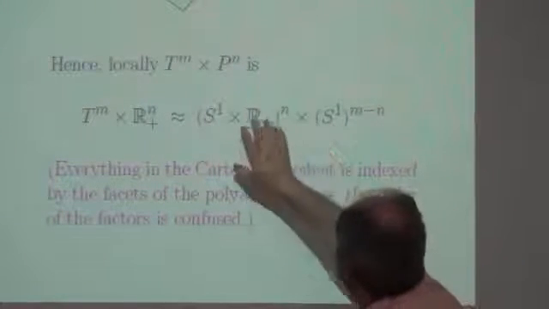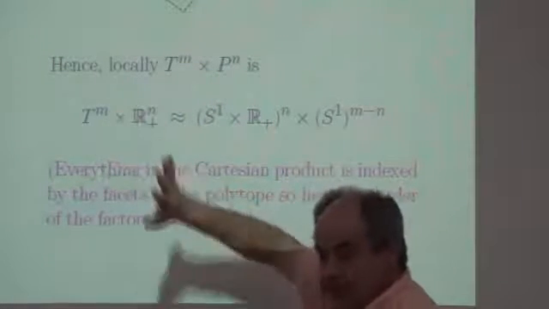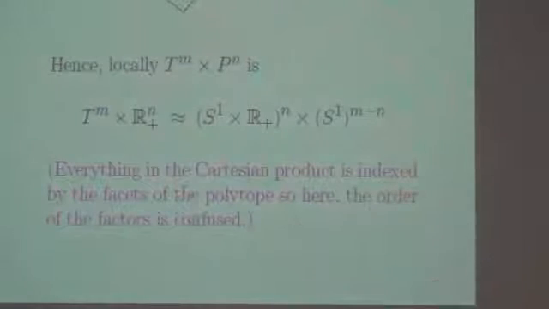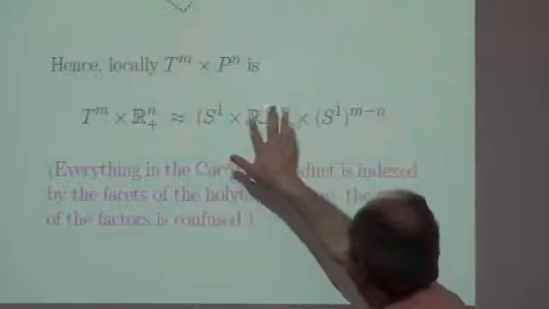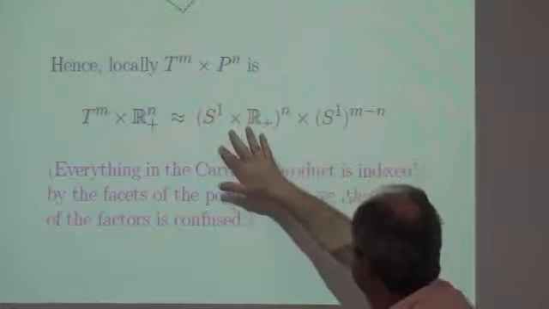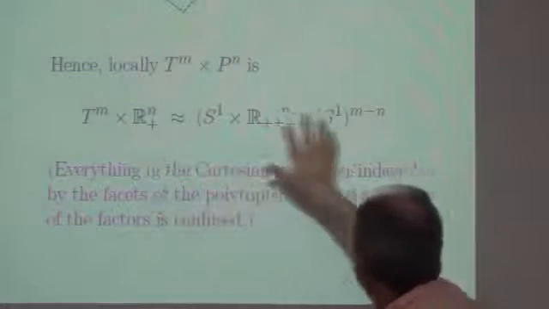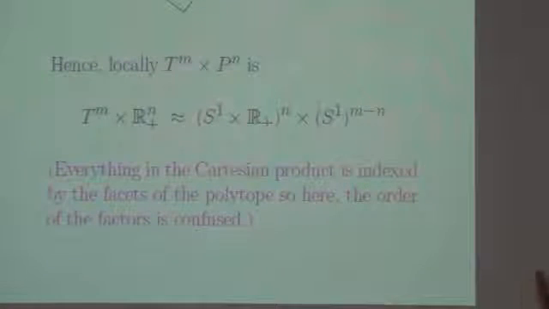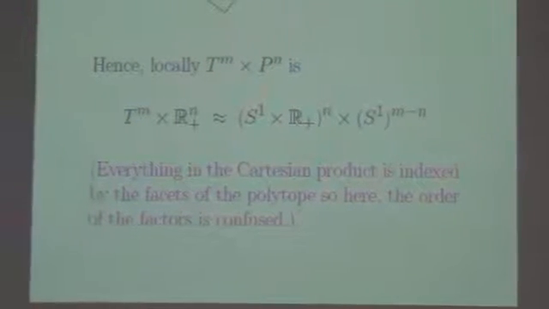If you give me a vertex, there is an ordering where these pieces are distributed throughout the Cartesian product in their correct order. And so I take the n copies which correspond to the facets that correspond to that vertex, and I leave the other circles in here alone. So I make that decomposition. Fair enough.